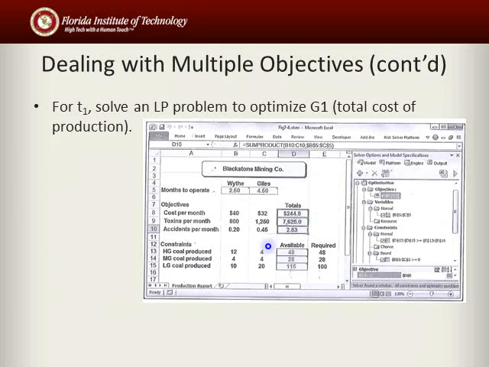This area in here is the left-hand side value of the 3 hard constraints in our problem. Remember, we have one for high-grade coal produced, calculated in here. The medium grade and the low grade are calculated here respectively, and these are the right-hand side values for these hard constraints. Notice, again, I repeat, D9 and D10, this is the value for goal number 2, or objective number 2, and this is the value for objective number 3.